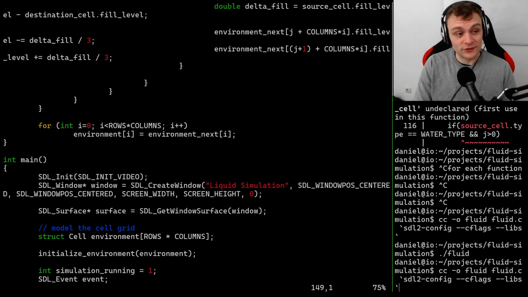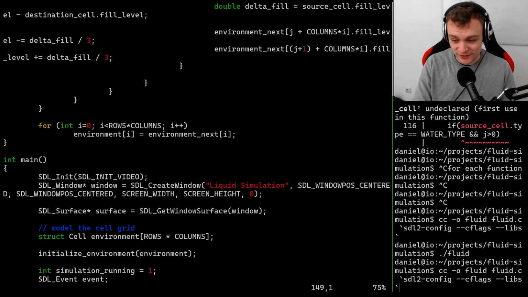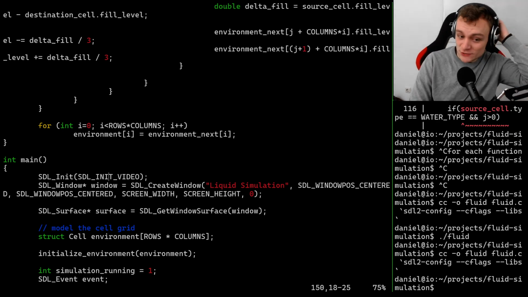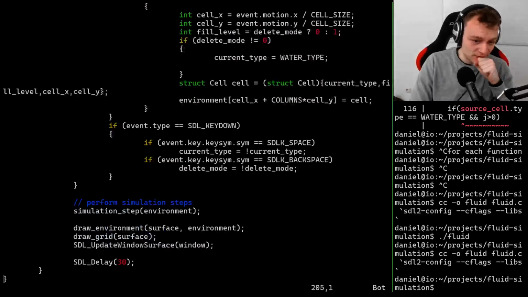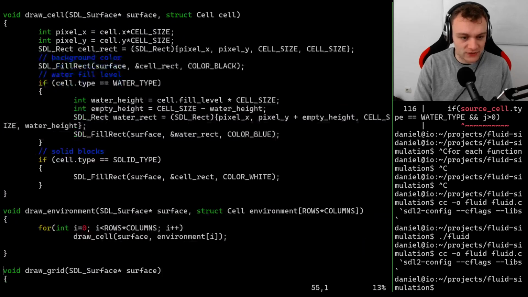Yesterday when I went to sleep, I was actually thinking about how we modeled the problem a lot. And one thing that came to my mind is that it may be possible that we draw the water fill levels wrongly. So let's have a look at the water fill levels.